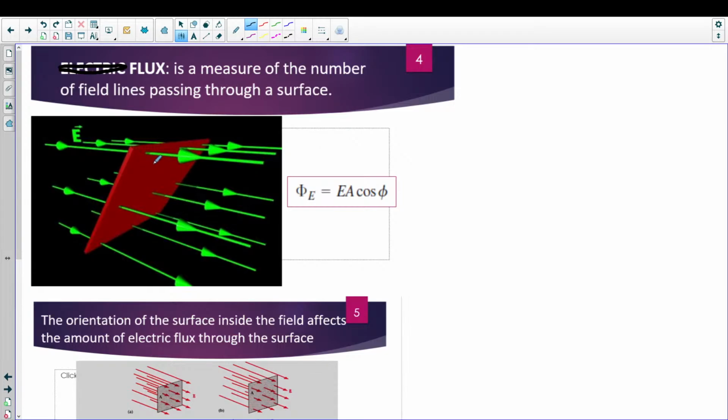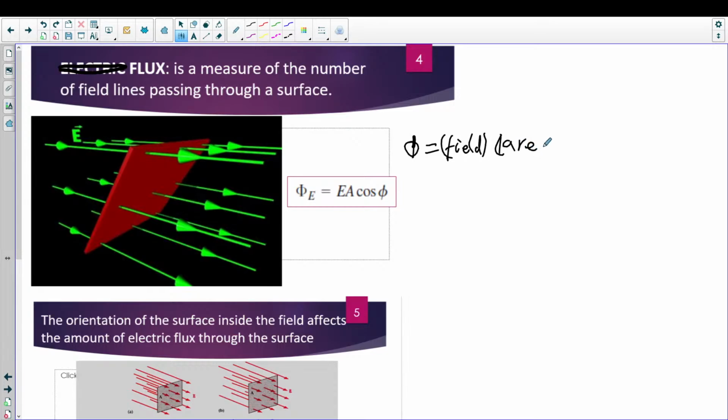But really, what flux is, basically, is that we account for the field strength and the area. By definition, the flux is just the field multiplied by the area of interest.